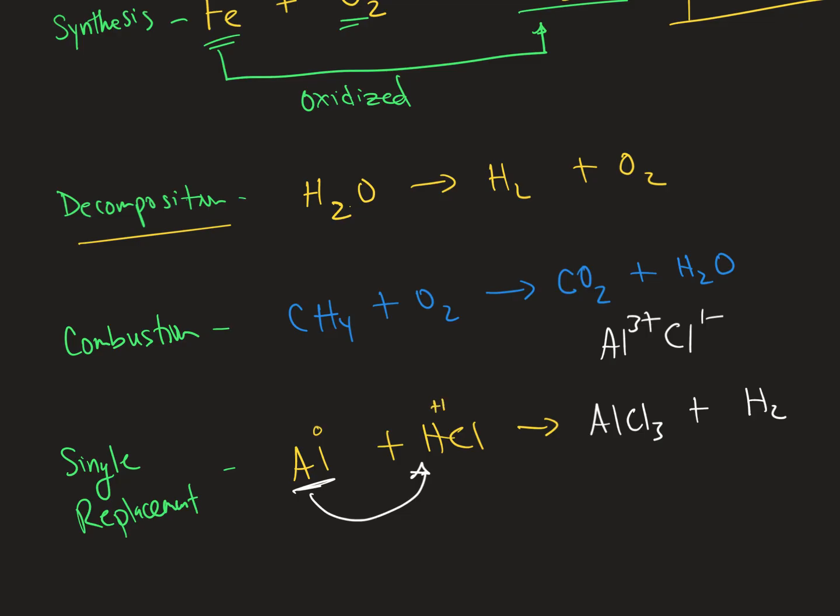Because it's in group 1 and chlorine is -1. You with me? What's the charge of aluminum when it's bonded to chlorine? +3. And chlorine's still -1, isn't it? And hydrogen's charge all by itself is 0. So which one is reduced, guys?